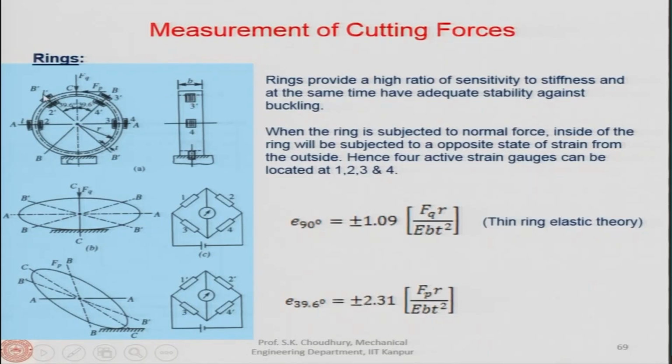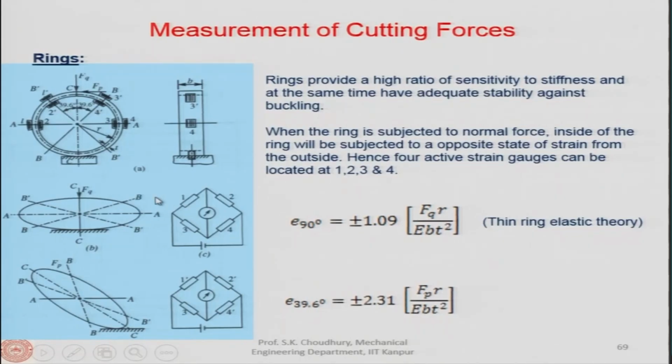So, we will have the 1 prime, 2 prime, 3 prime and 4 prime attached in these nodes, and along the 90-degree we will have 1, 2, 3, 4, and 1 prime, 2 prime, 3 prime and 4 prime are at the 39.6 degree.